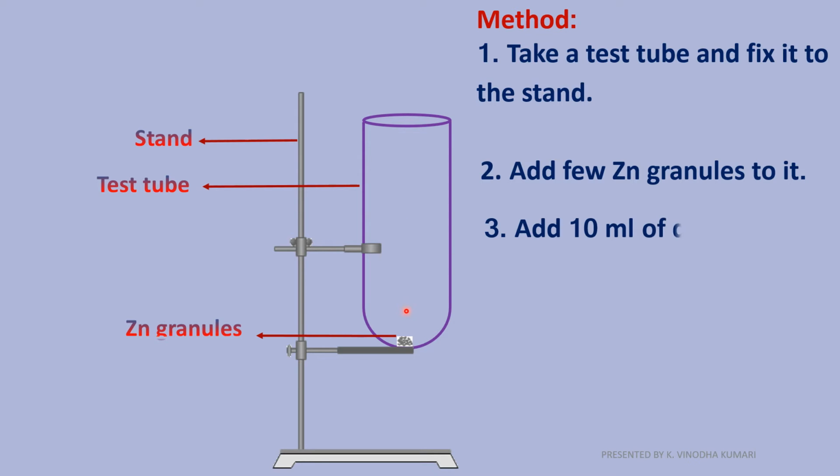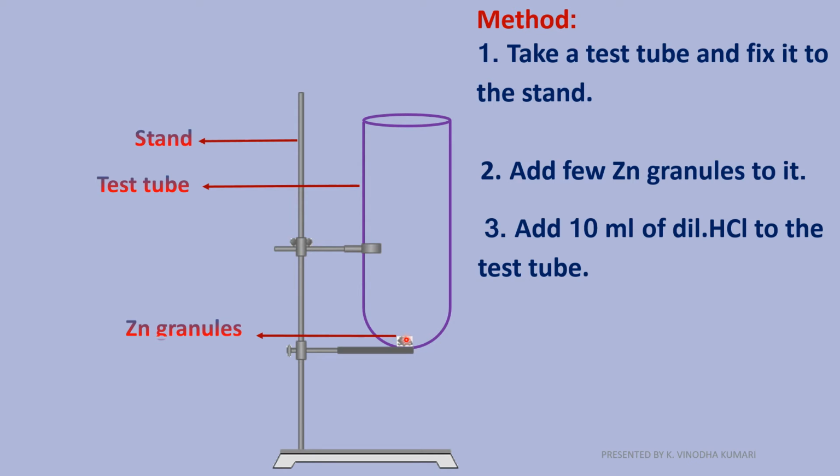Now we have to add dilute HCl to this test tube. Here I am taking some 10 ml of the dilute HCl. Why? Because the first precaution we have to take is that the zinc granules should be dipped in the dilute HCl. So that much amount you can take. Otherwise, you can take a little more also.